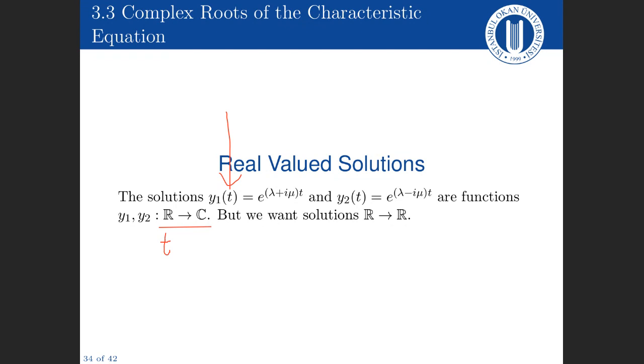And this is usually not useful for us. When we're trying to solve our problems, we want our answer to be a real number, a real function. So we want to have two functions which map from the real numbers to the real numbers.